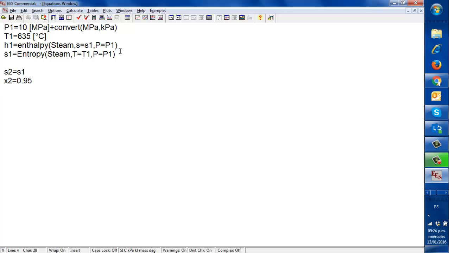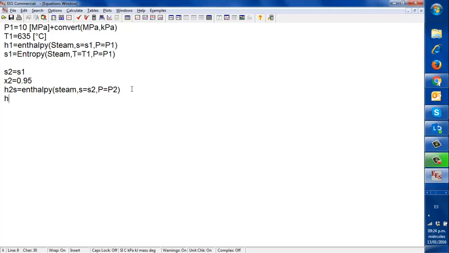So I can compute H2S to be the enthalpy of steam with S equal S2 and pressure equals P2. I don't know P2. That's the unknown.